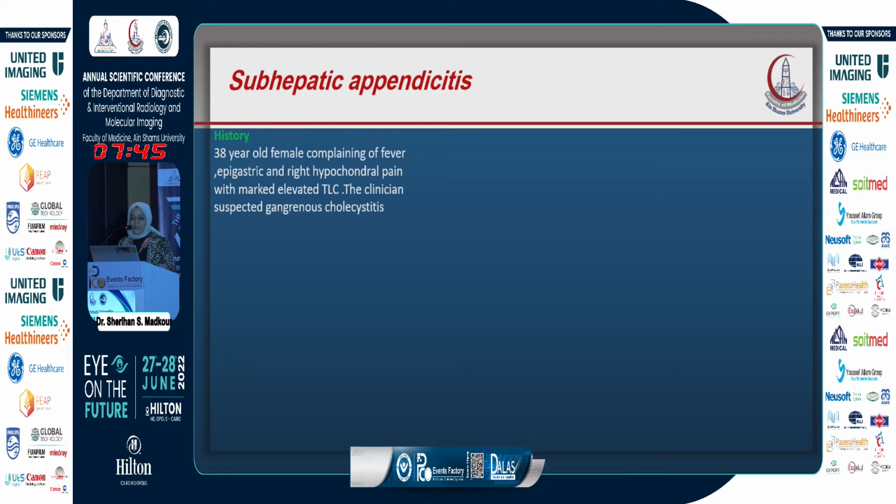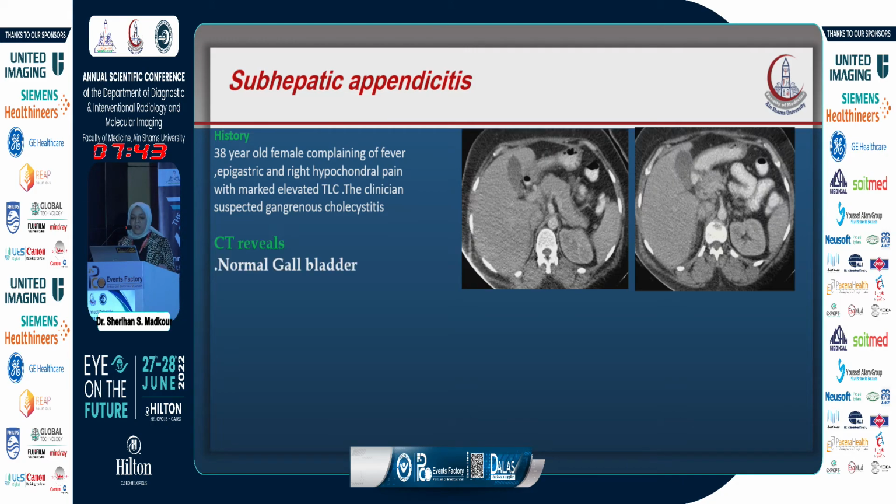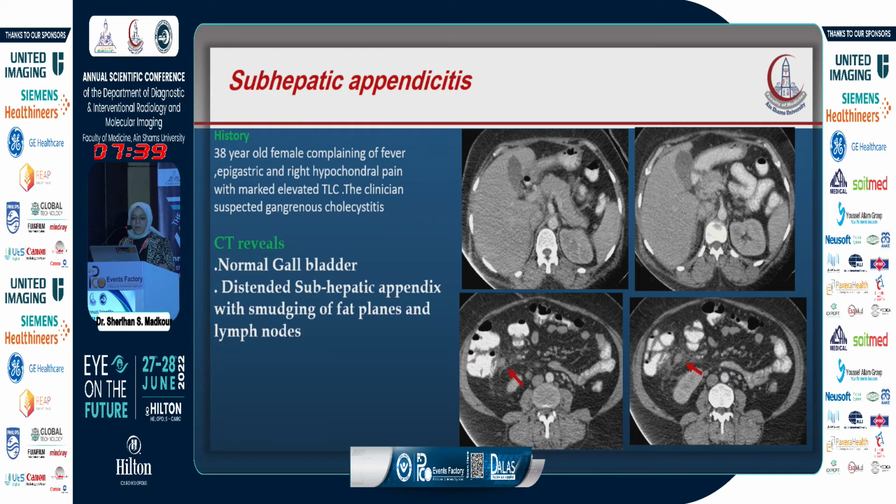The clinician suspected gangrenous cholecystitis. CT reveals a normal gallbladder, a distended subhepatic appendix with smudging of the fat plane and related lymph node. Diagnosis: subhepatic appendicitis. Treatment: appendectomy.